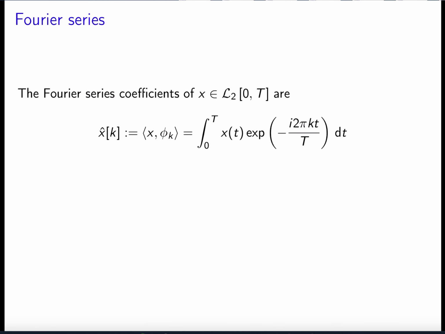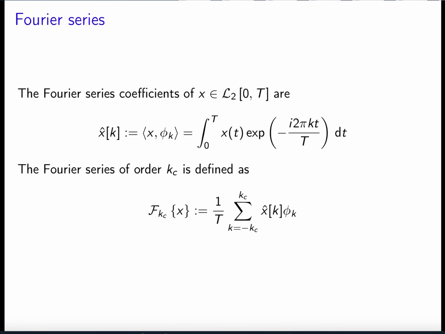So let's define it a bit more formally. The Fourier series coefficients of a function x that is defined on an interval from 0 to T is equal to the inner product between x and a complex sinusoid of frequency k over T. And the way we can recover the approximation, first we consider approximations up until a certain maximum frequency that is often called a cutoff frequency in signal processing.